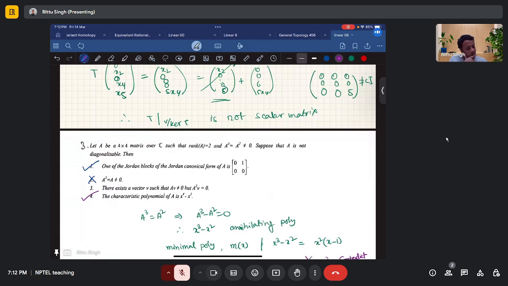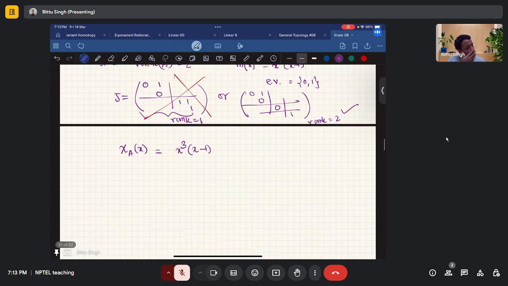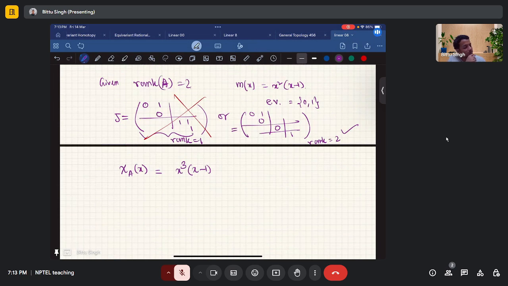Now we need to see if there exists some vector for which Av is non-zero but A squared v equals 0. If we see this J, there exists a vector: take v equal to 0 1 0 0.